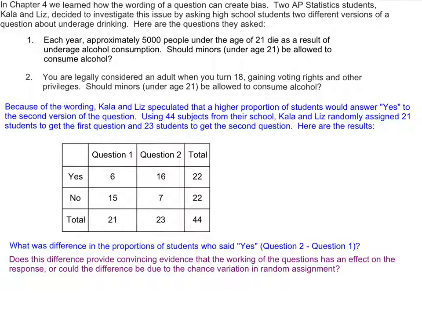So they have data right there that for the way they worded question 1, 6 out of 21, question 2, 16 out of 23.